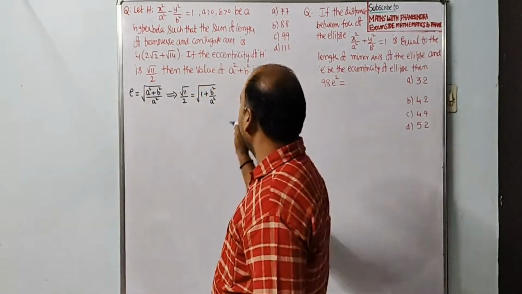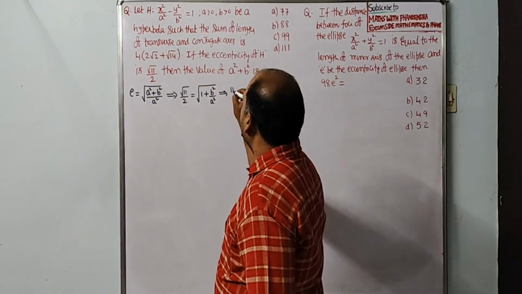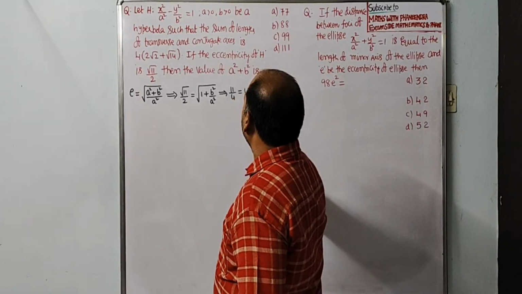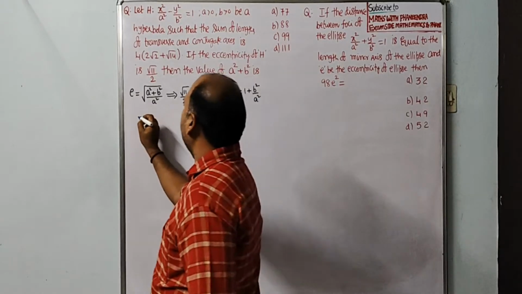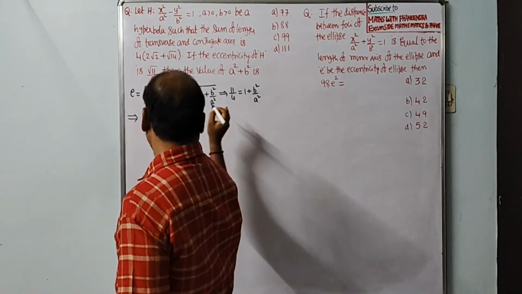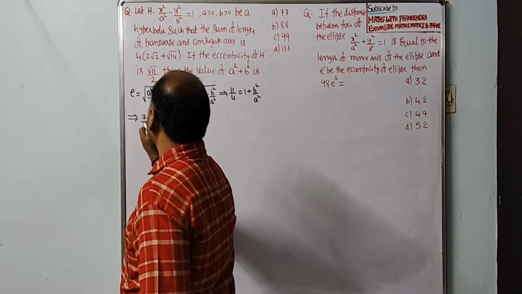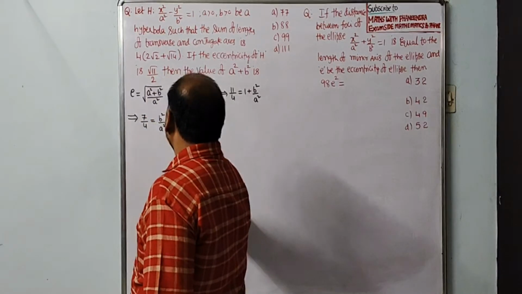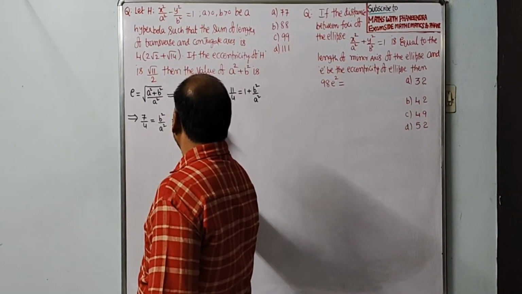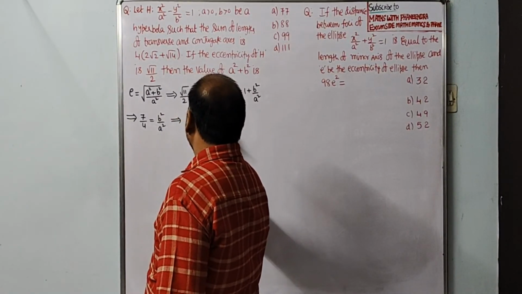If you square on both sides, you will get 11 by 4 equal to 1 plus b square by a square. Bring 1 to this side and you will get 7 by 4, dear students, is equal to b square by a square. So from this, b by a is equal to root 7 divided by 2.